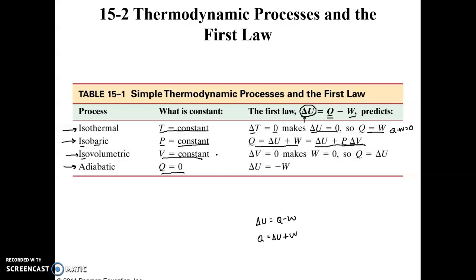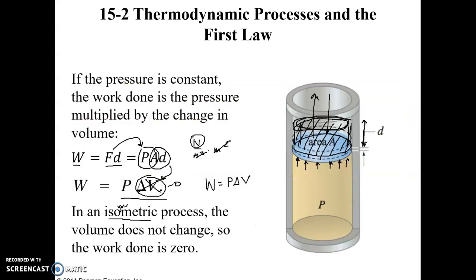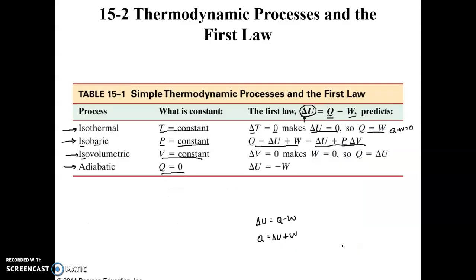Let's look at isovolumetric. What happens when we have isovolumetric? The volume isn't changing. As we said before when we looked at the previous slide, if the volume doesn't change, the piston's not going up or down, then there's no work being done because there's no distance that it moves. So in an isovolumetric system, work is zero.